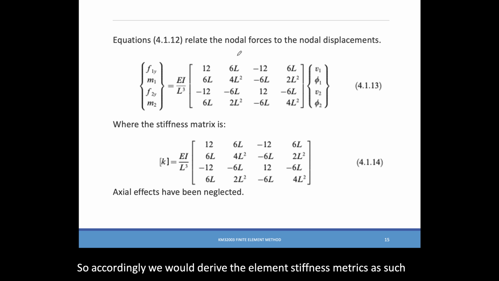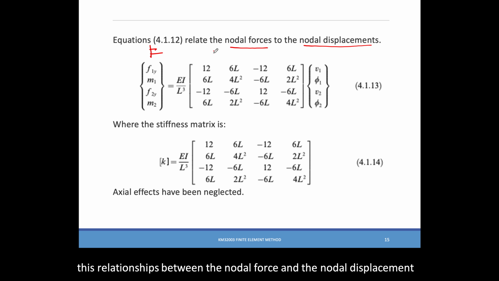These relationships between the nodal force and the nodal displacement are formulated in a matrix again. So this represents the nodal forces, the stiffness matrix, as well as the nodal displacements.